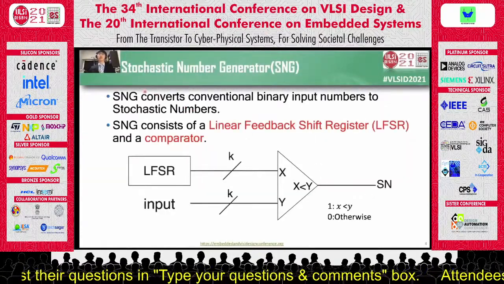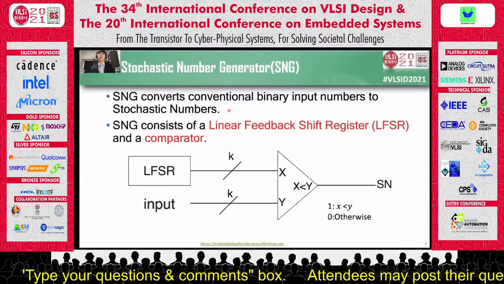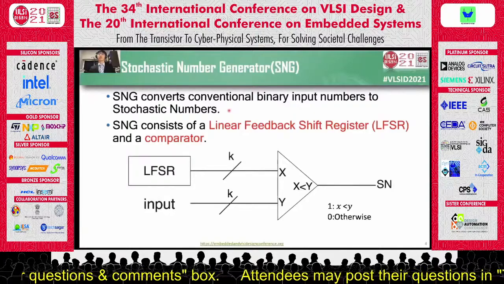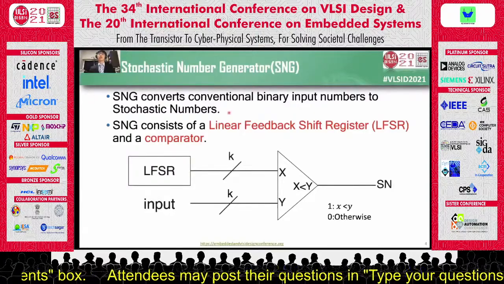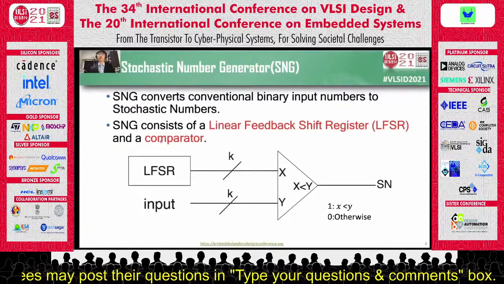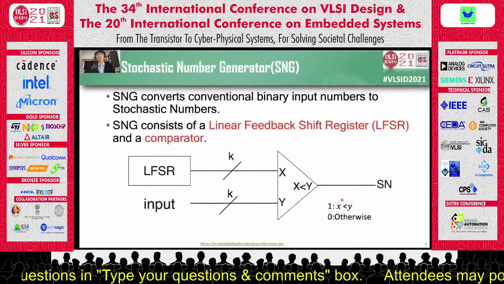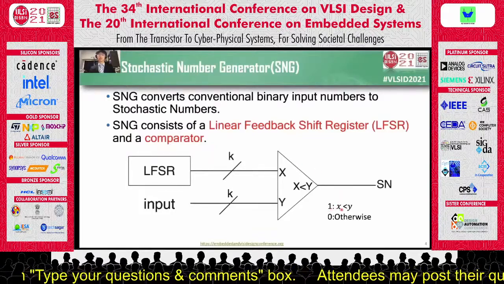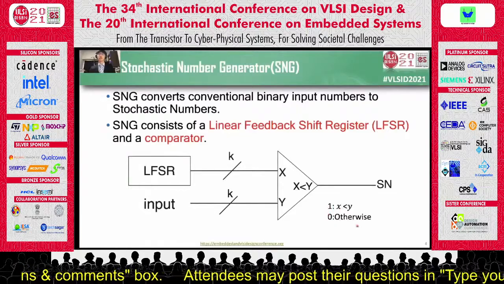The stochastic number generator, SNG, converts binary input numbers to stochastic numbers. An SNG consists of a linear feedback shift register and a comparator. This outputs 1 when y is larger than x and 0 otherwise.